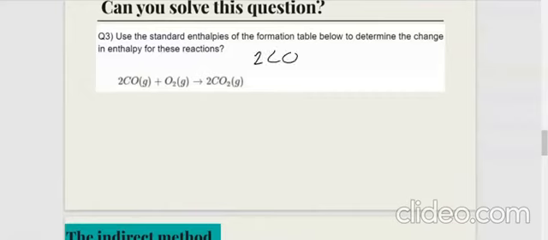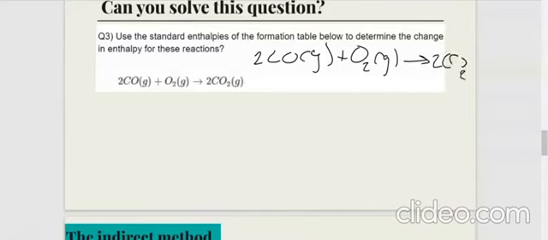So we have 2CO gas plus O2 gas, and they will give us 2 carbon dioxide gas.